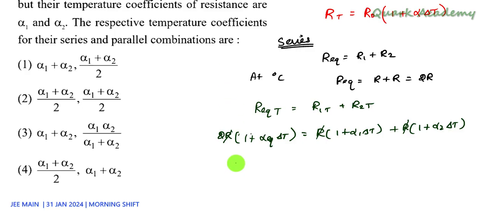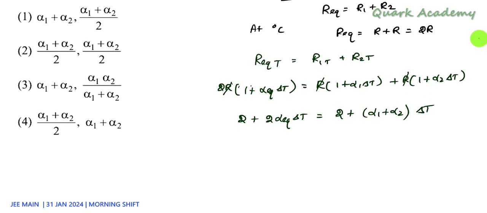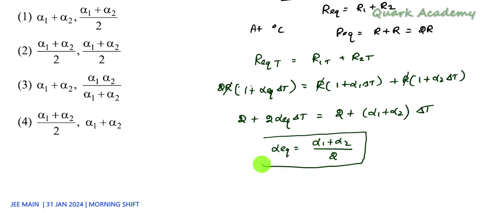And let's rearrange this. 2 plus 2 into alpha equivalent delta T, which is equal to 2 plus alpha 1 plus alpha 2 into delta T. So 2 will get cancelled and we'll get alpha equivalent equal to alpha 1 plus alpha 2 by 2. So this is for series.